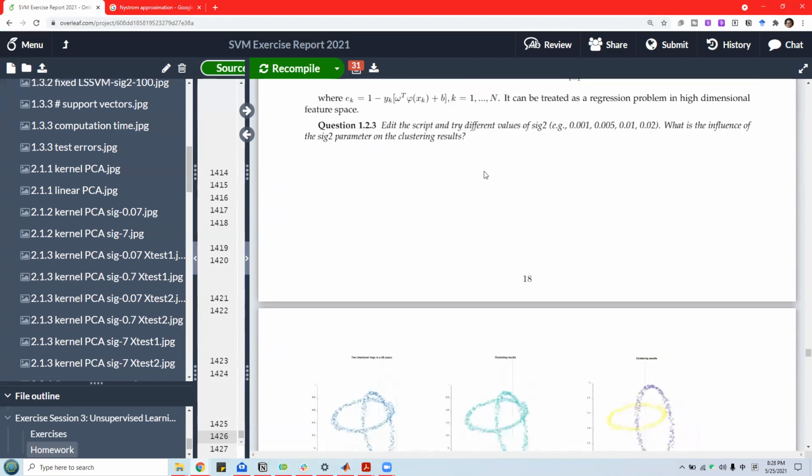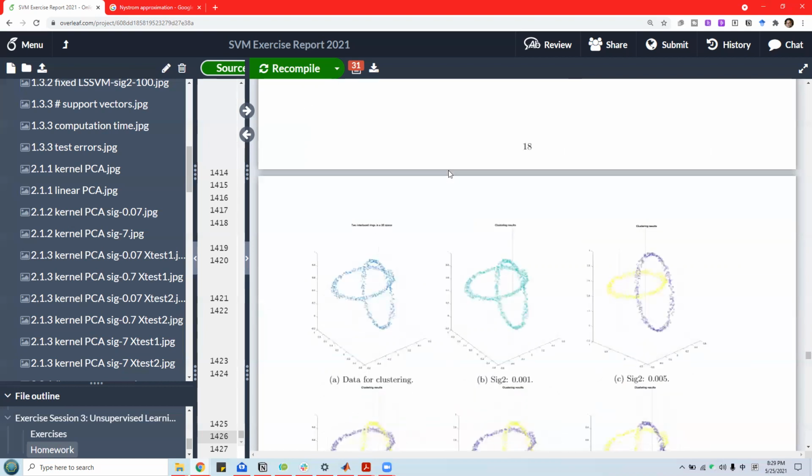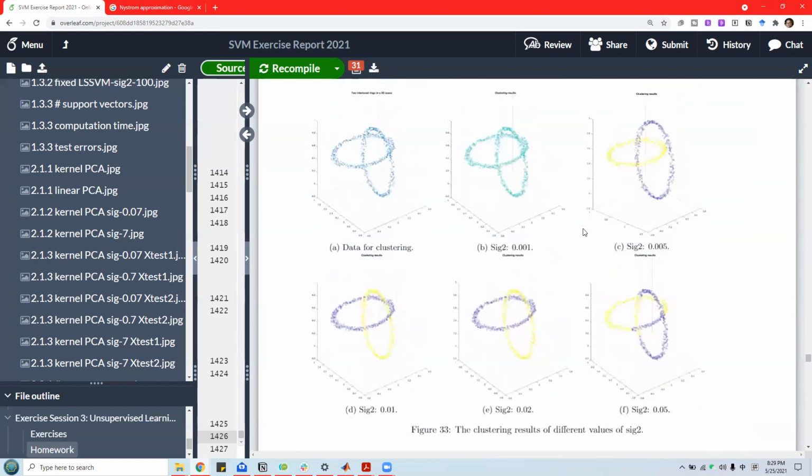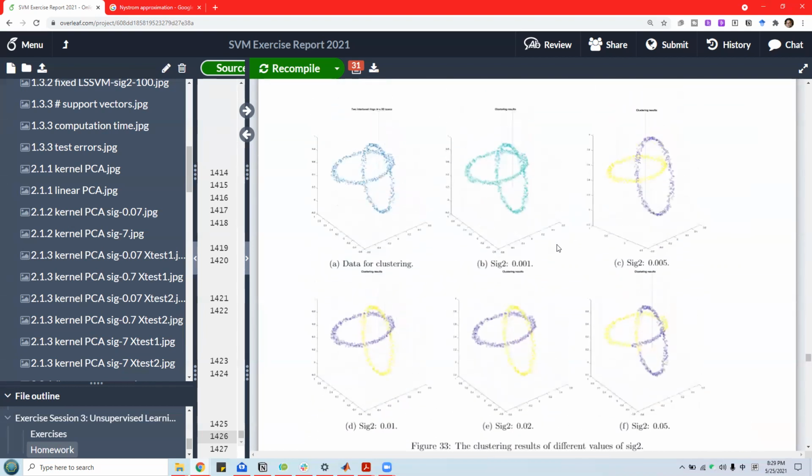So the next one is you are asked to use that script and try different values of sigma 2. Then you need to discuss the influence of sigma 2 on the clustering result. This is basically the result I get.